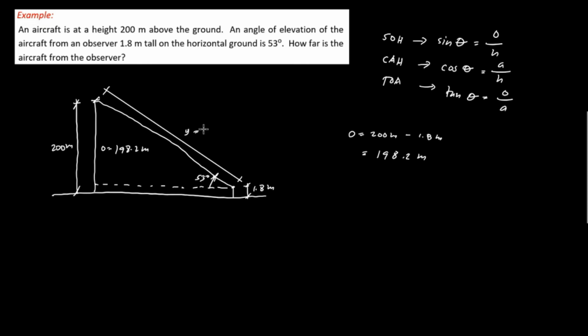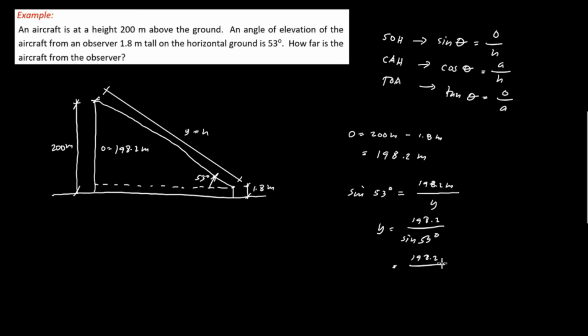So we will use SOH: sine theta is equal to opposite over hypotenuse, and sine 53 degrees is equal to the opposite side, 198.2 meters, divided by the unknown value y, and cross multiply. y is equal to 198.2 divided by sine 53 degrees.